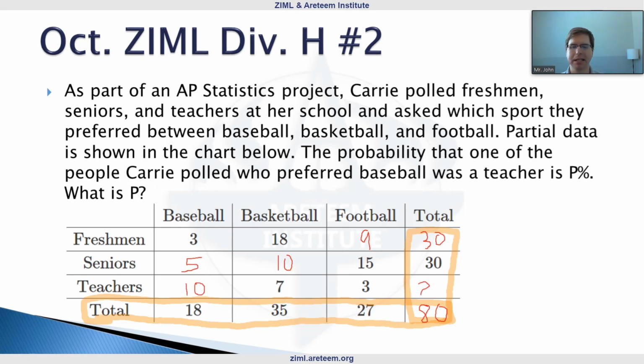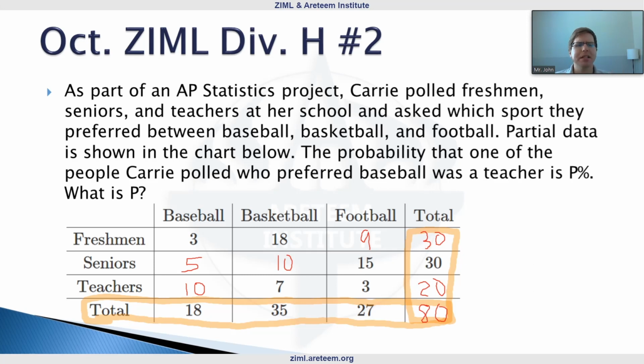And luckily, this adds up to 20 for the total number of teachers as well. Why do I say luckily? Well, the total of 30 plus 30 plus 20 had better equal the total of 18 plus 35 plus 27, or something went very wrong with our arithmetic along the way.